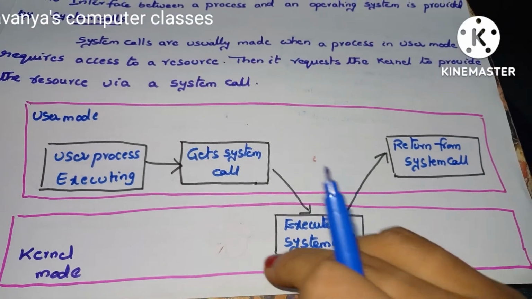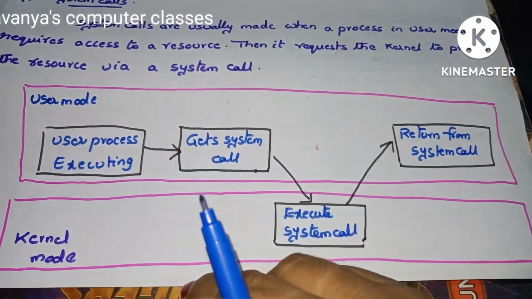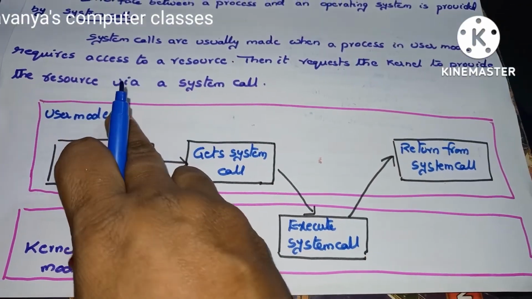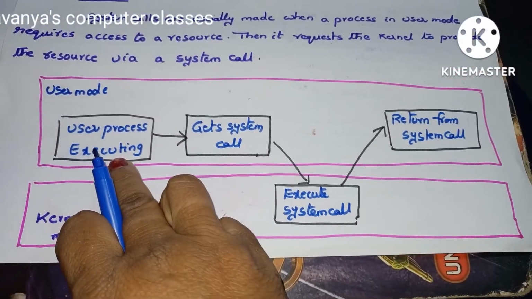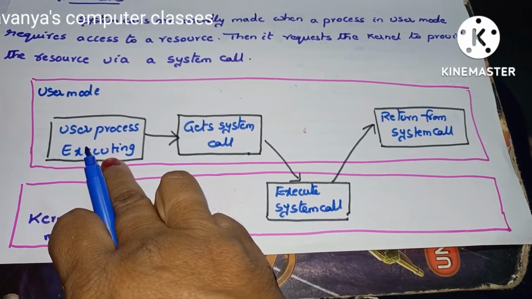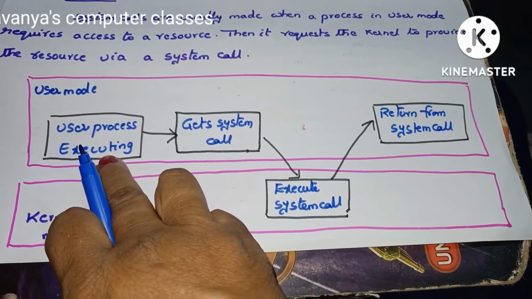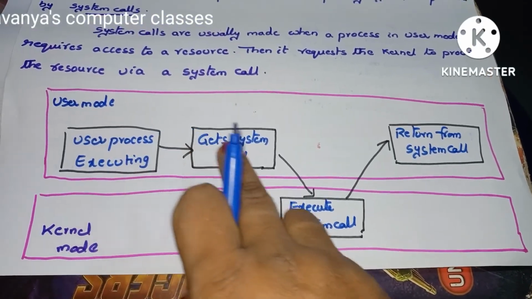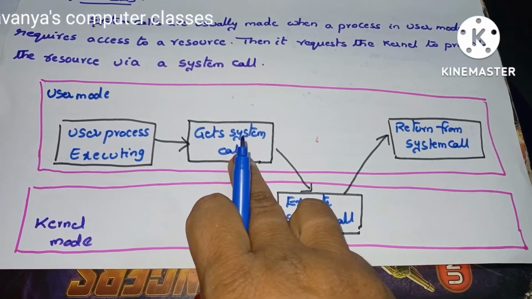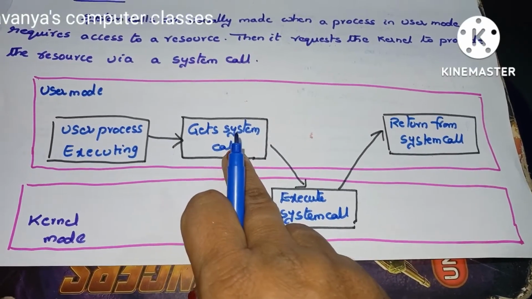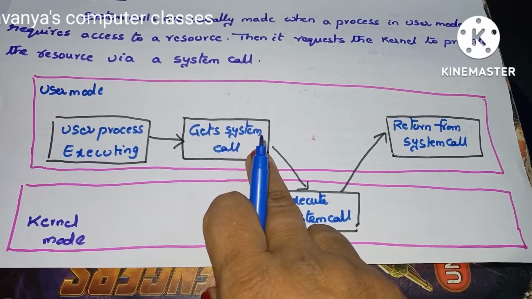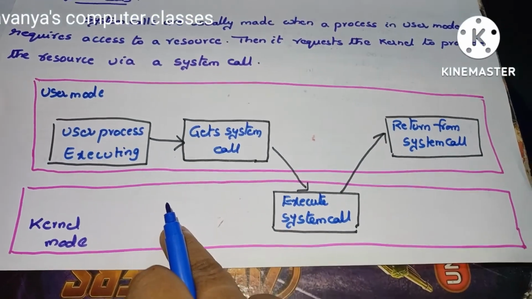Here is a diagrammatic representation of system calls. First we are working in the user mode. In the user mode, a user process is executing. That means any program in the running state is called a process. If any process is executing and we need any resources, then it requires system calls. Whenever it needs a system call, it immediately jumps into kernel mode.